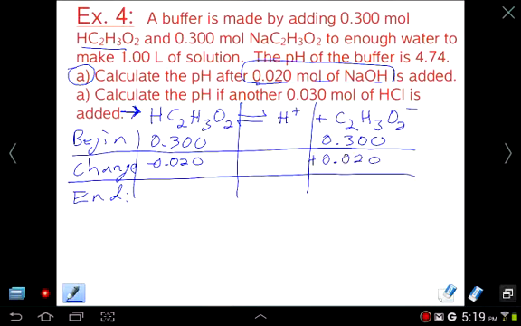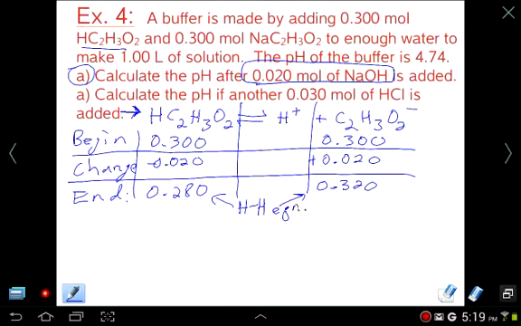And we end up with 0.280 and 0.320. And then these are the amounts we'll put into the buffer equation, the HH equation.